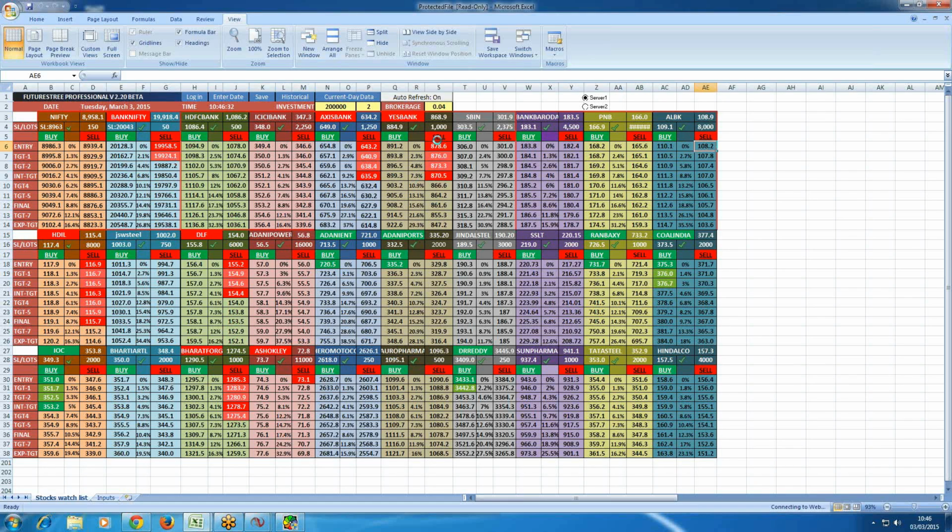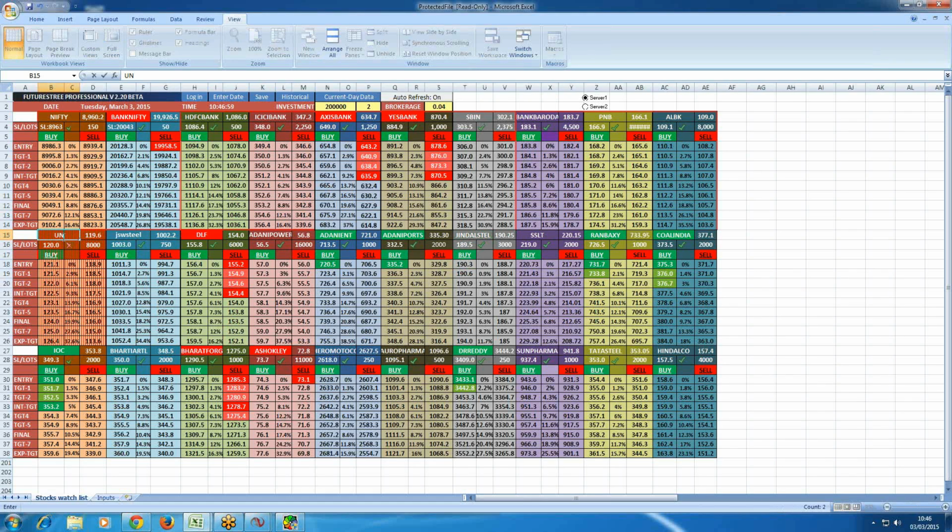So now since you know the trend in the banking pack, you can add some banks also. HDIL I'll remove and I'll place Syndicate Bank. Okay, I'm not getting the data for Syndicate Bank. You have this X mark.